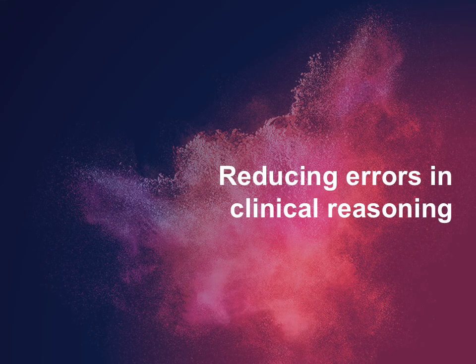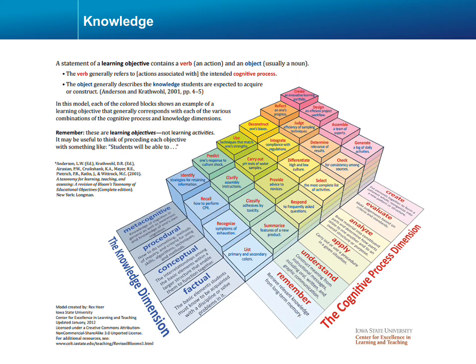The final section in this presentation is what we can do to reduce errors in our clinical reasoning when we're seeing patients. So again, I have to go back to the fact that all the evidence points to the fact that sound clinical decision making is highly dependent on formal and experiential knowledge of medicine.